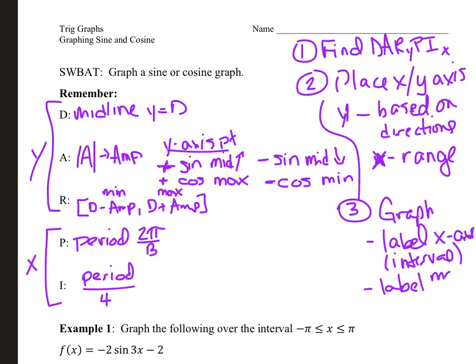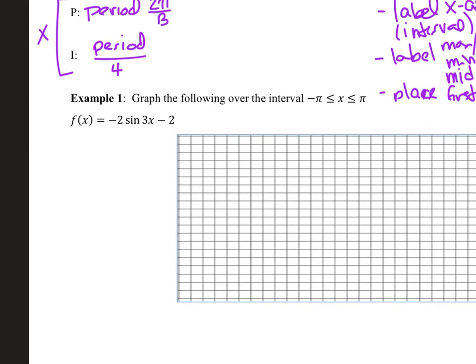You're going to want to label the max, the min, and the midline. Ugh, why does it write so poorly? Anyway, and then place the first point. Once you've placed the first point, everything else is going to be pretty easy. But the only reason it's easy is because you've done all this stuff beforehand. Okay, so let's see how this is going to go.